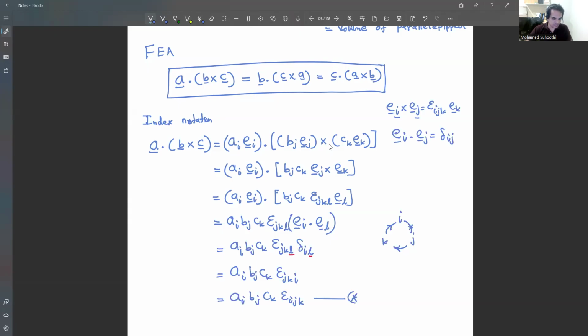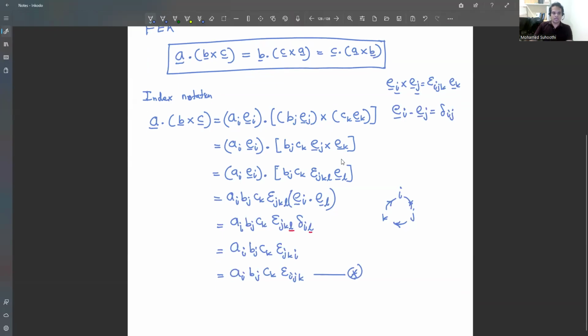This is the index notation of the triple product, right? Then also you can see that if you simplify this, it will be our determinant: A1, A2, A3, B1, B2, B3, C1, C2, C3. So this is the triple product, right?